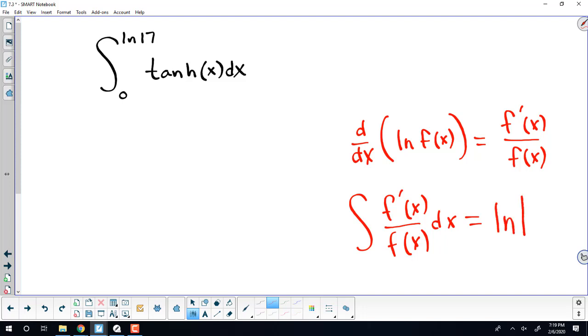Remember the caveat here that we use the absolute value when we go backwards, plus c. That's typically so we can match the domains. Here we would just exclude when f of x is 0. We could have when f of x is negative, so these things could be negative, and that's why we put the absolute value there, just so we can reconcile more of their domains.